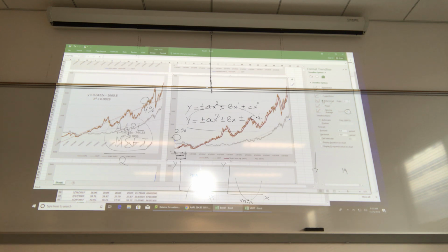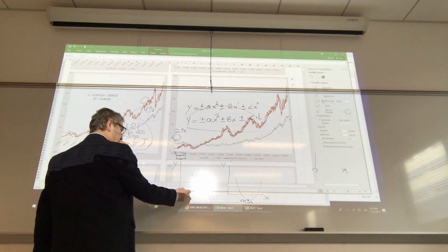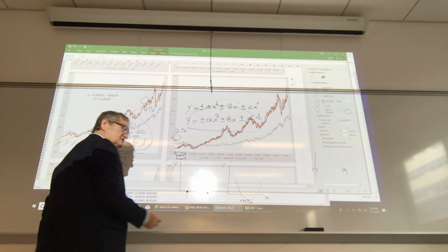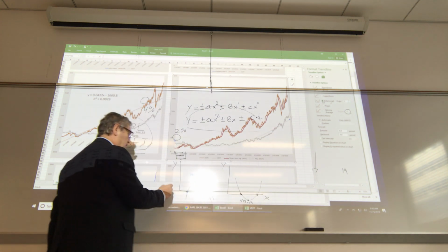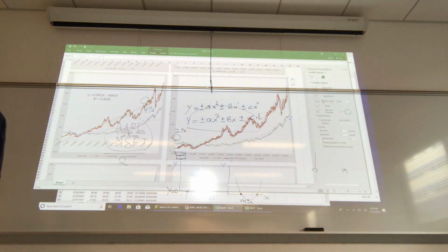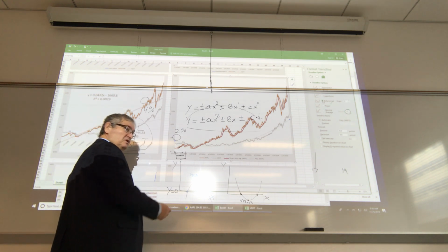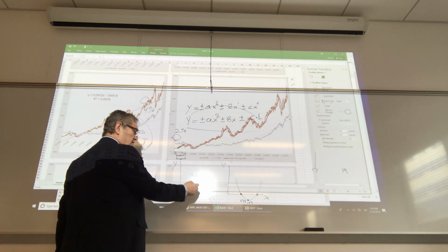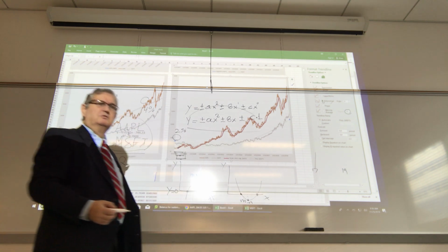The solution of the problem is x where this graph cuts the x-axis, or in other words, where y is equal to 0. And if you know this case, because this is symmetrical, then from these 2 points you find the maximum, and from these 2 points you find the minimum.